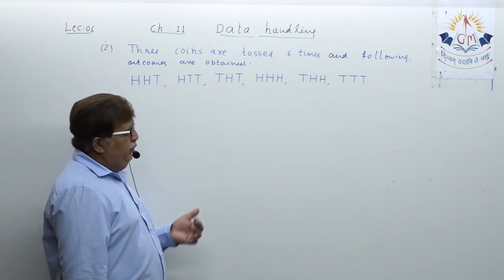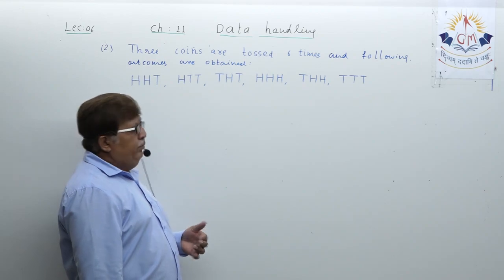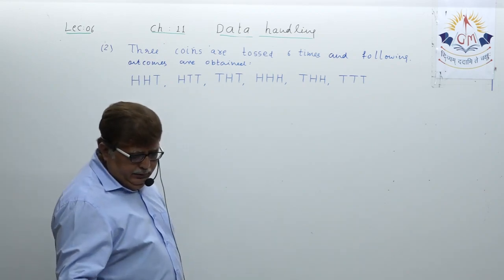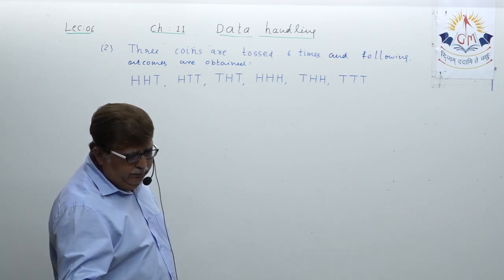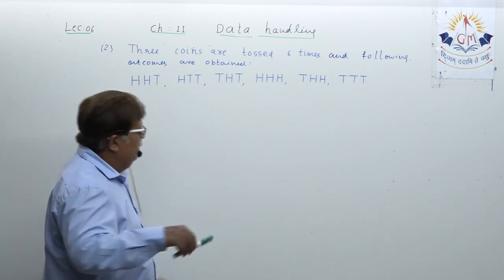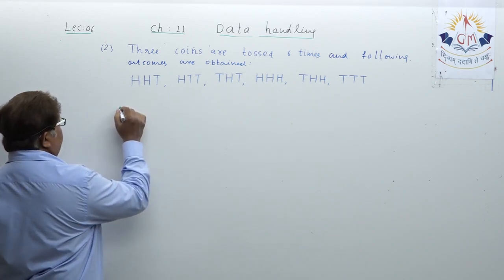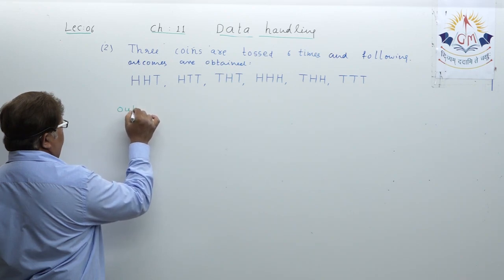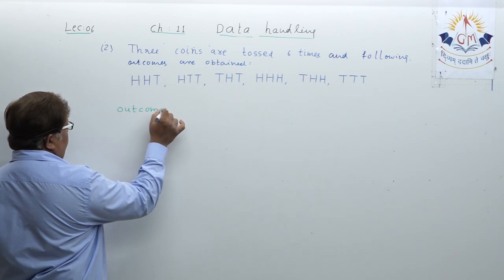So dear student, when you are preparing based on number of tails, the first important column will be outcomes. As you know, you should understand this now, the first will be outcomes.